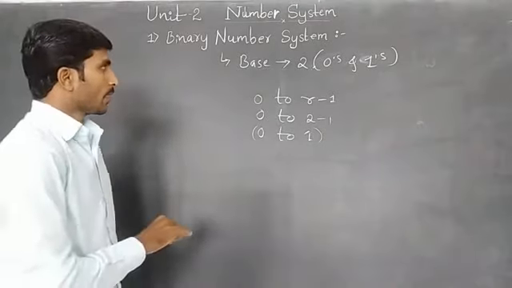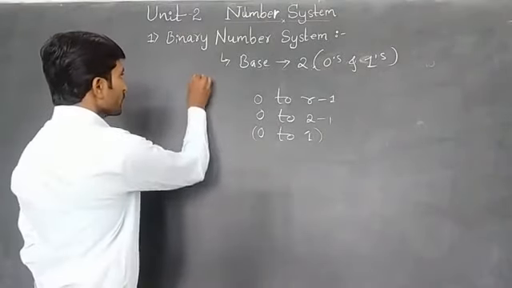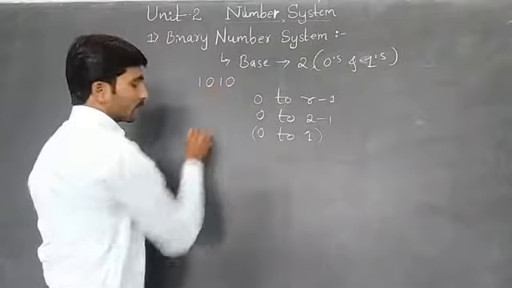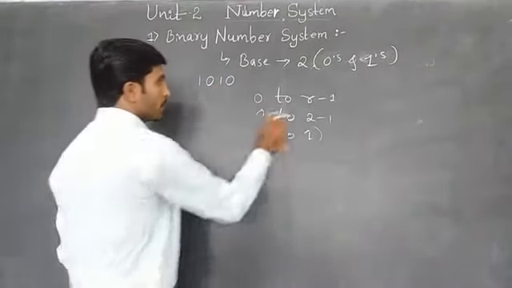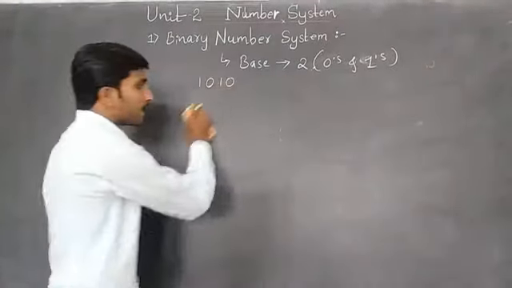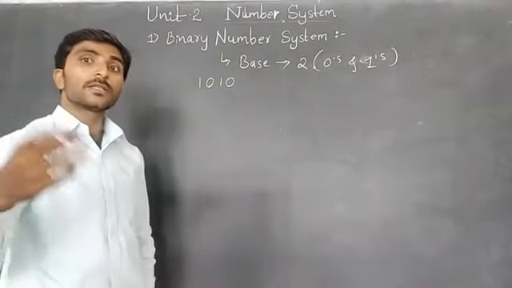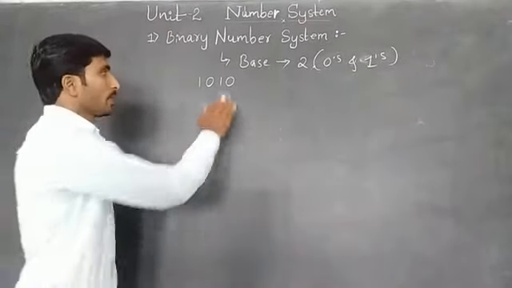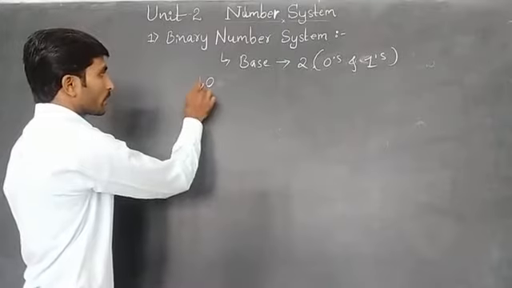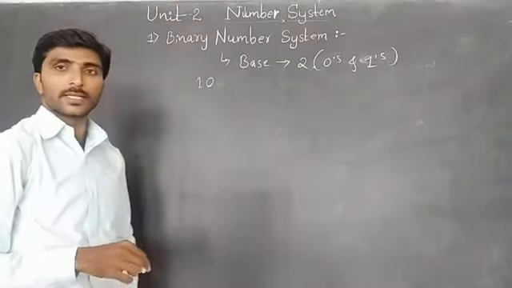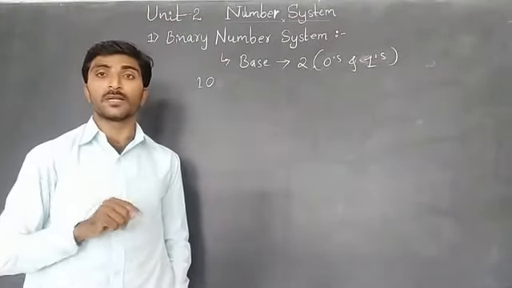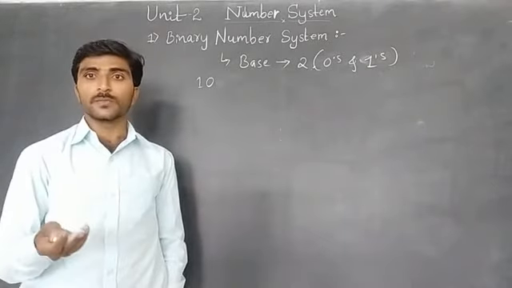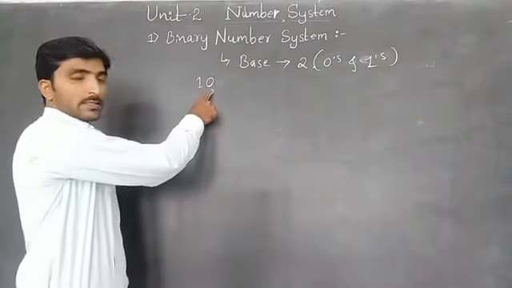Okay, let me give an example: 1 0 1 0. This is called a binary number. How do you say this is a binary number, or only 1 and 0? Some people say, sir, this is 10. That is a decimal number, obviously, because there is no base.